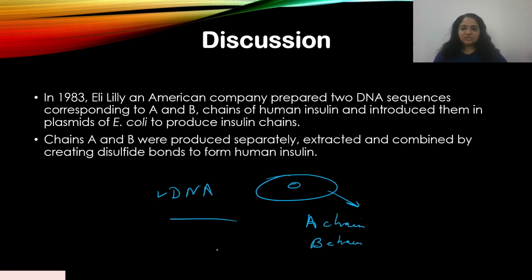This A chain and B chain were then bound together by disulfide bridges. That's how they were able to commercially sell this human insulin, because insulin is used in the A chain and B chain form, not in the pro-insulin form, right? So we needed something that was already in the mature form and then put into the body.